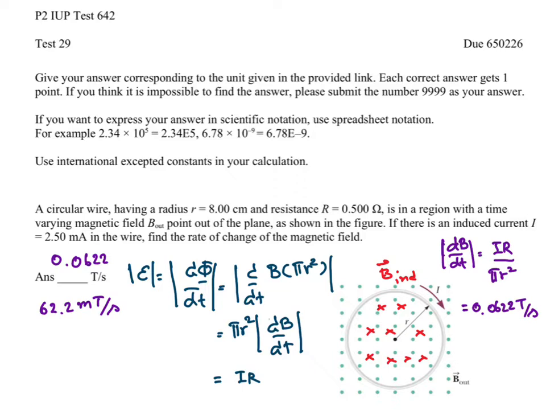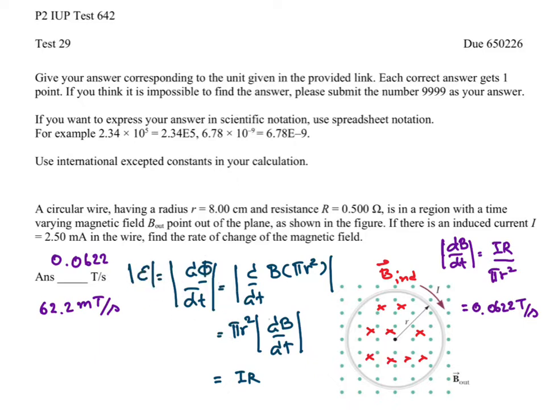Okay, so we can use Faraday's law to find the rate of change of the magnetic field. Here we want to know only the magnitude of the rate of change. So we can write down Faraday's law considering only the magnitude of the EMF.